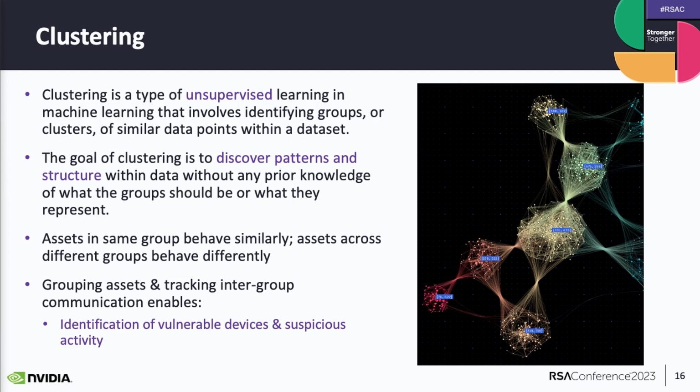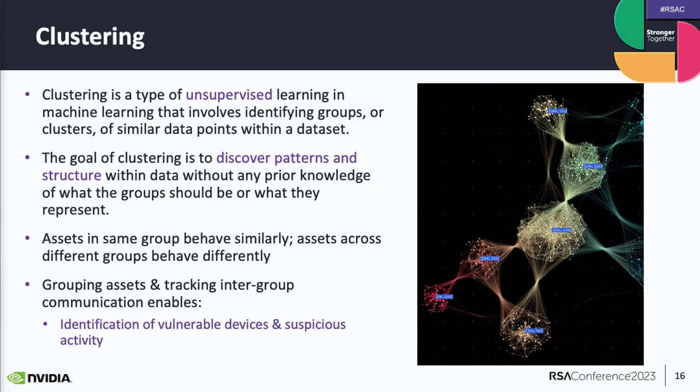So with clustering, our basic hypothesis or premise is this: assets belonging to the same cluster will behave similarly, and assets across different clusters will behave differently. And once we're able to divide these assets into different groups, we only have to monitor communication between different asset groups to detect suspicious or anomalous behavior.